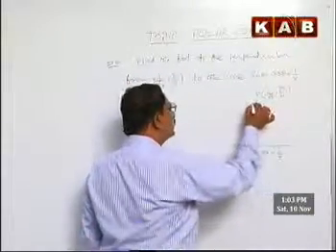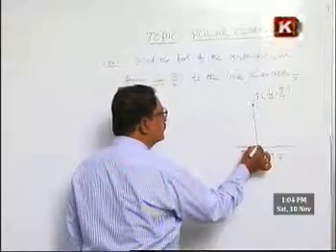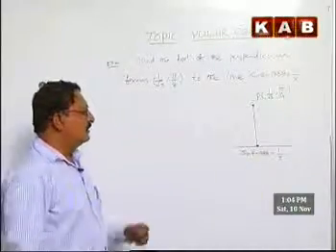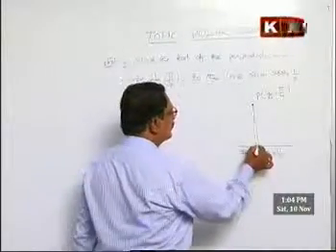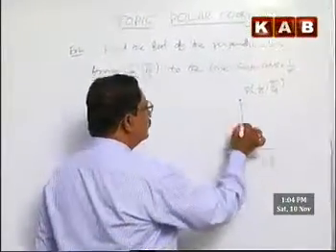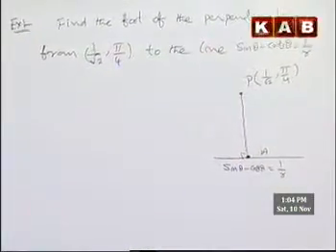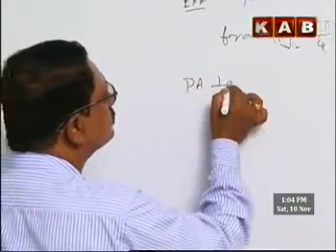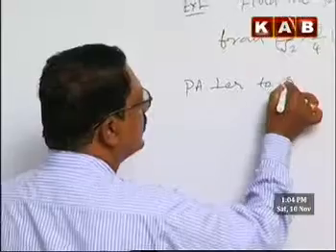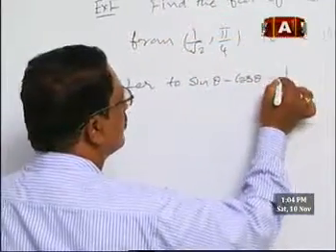Now, required foot of the perpendicular from P on the given line. Consider the foot of the perpendicular as A. Now PA is perpendicular to the given line sin theta minus cos theta equals to 1 by r.